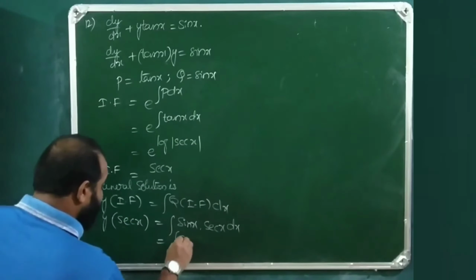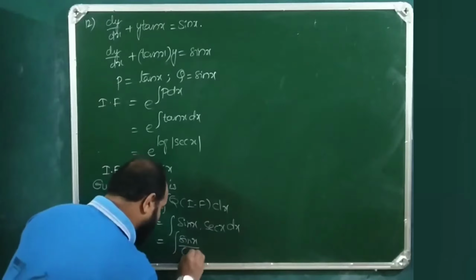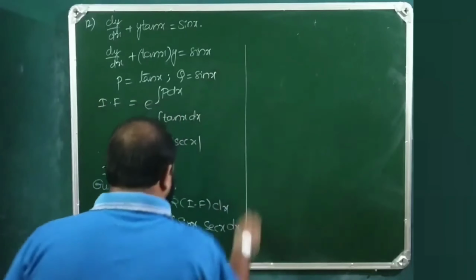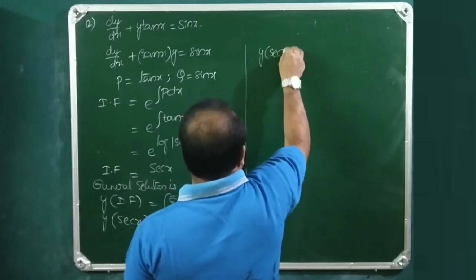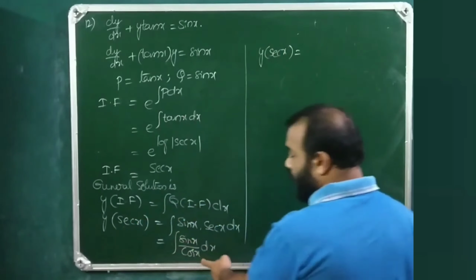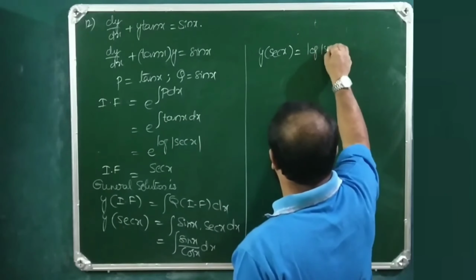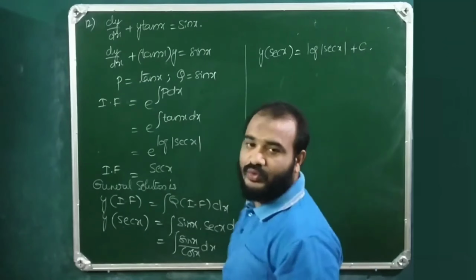This is sin x, and secant x is 1 by cos x, dx. So this is y into secant x equals sin by cos, which is tan. Integral tan x is log mod secant x plus constant of integration c, which is the required solution.